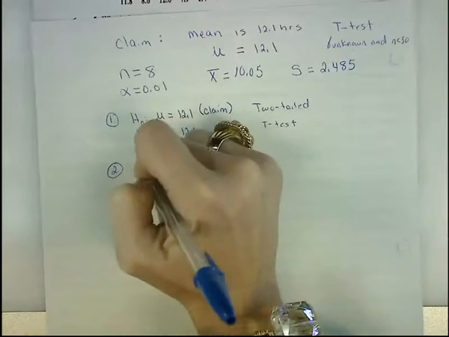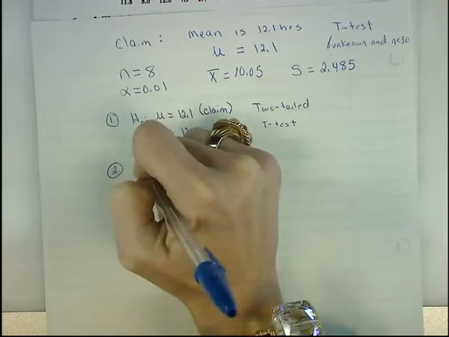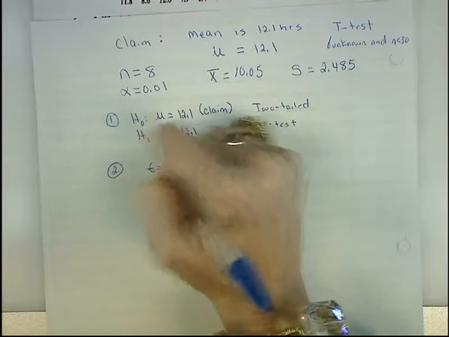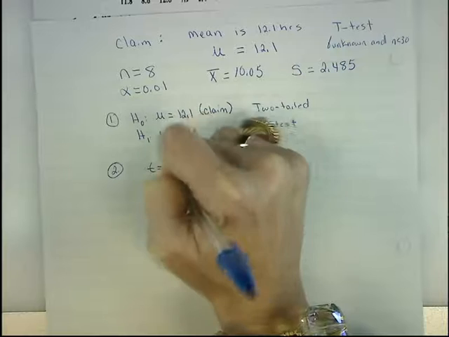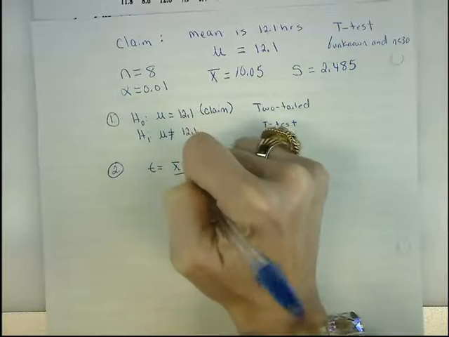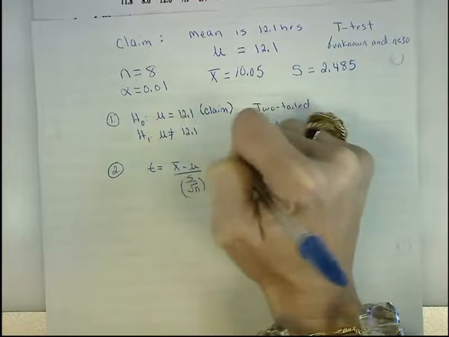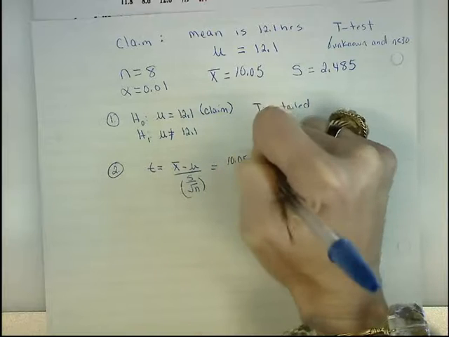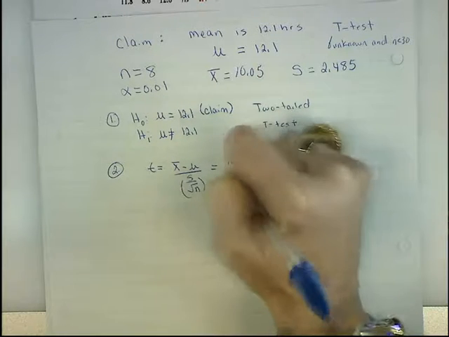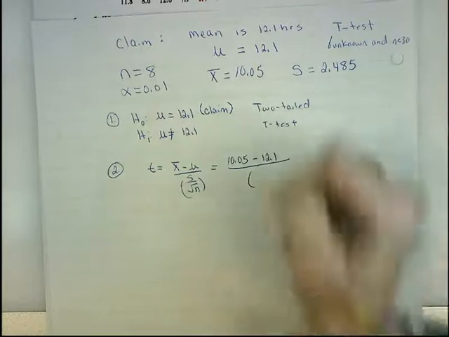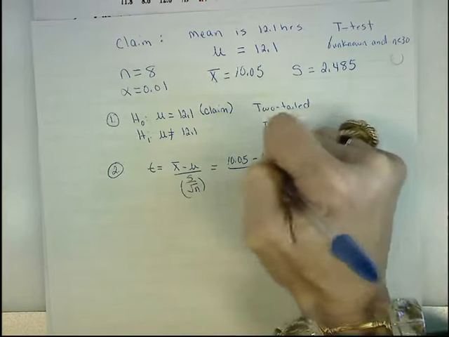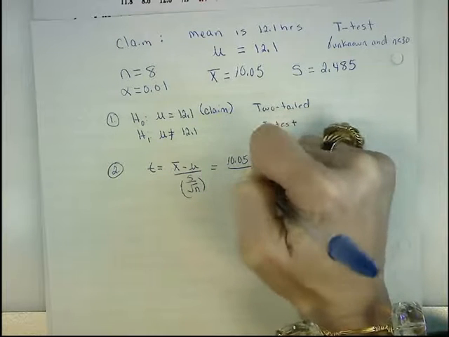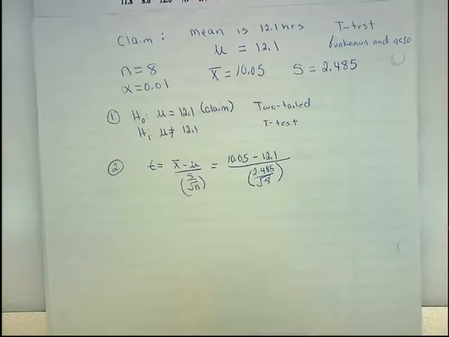Since this is p-value method, you will need to find your test statistic, and that's x bar minus the claim, over s over the square root of n. That is 10.05 minus my claim of 12.1 divided by my sample standard deviation, and that was rounded to 3 places, divided by the square root of 8.